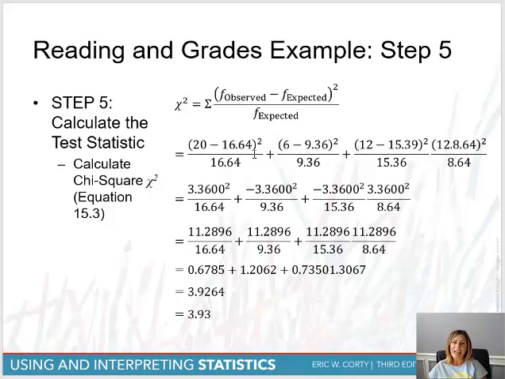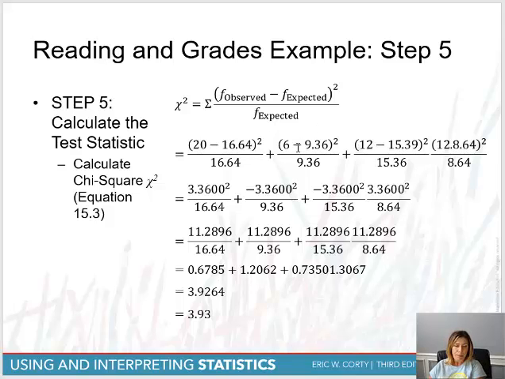So for cell A, the observed frequency was 20. The expected frequency was 16.64. You subtract the two, you get 3.36. You square that difference and divide by 16.64 to get 0.6785.